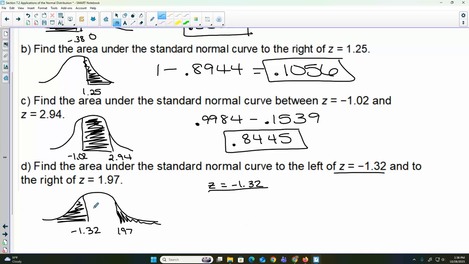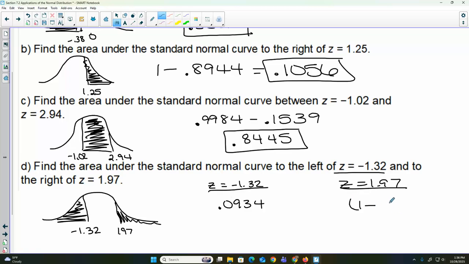How would I find the area to the left of negative 1.32? Look it up. Negative 1.32 is... Okay, to the right of 1.97. If I look up 1.97, it gives me to the left. How do I get to the right?